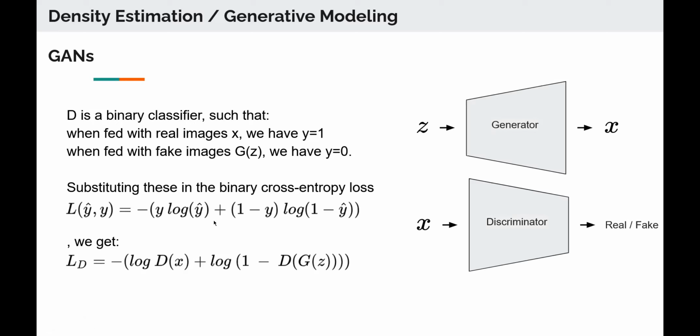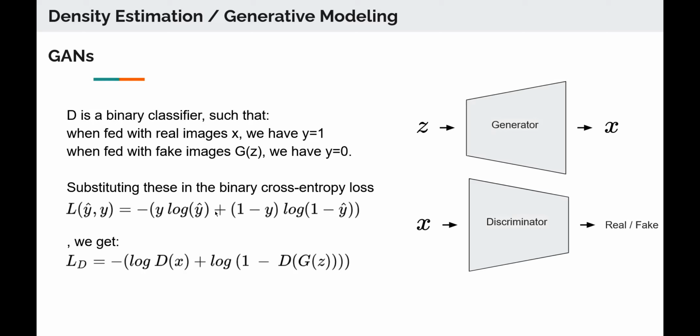And then when we feed it images that are generated by the generator, in this case d of g of z, we want y to be 0.